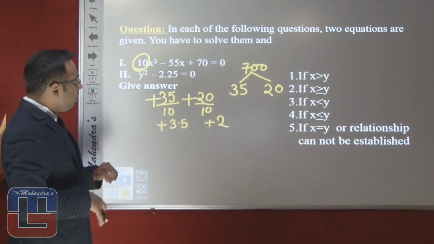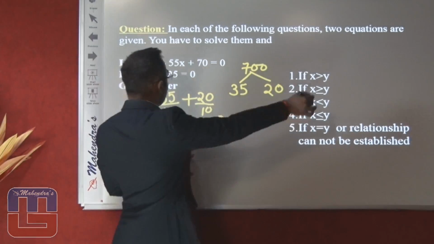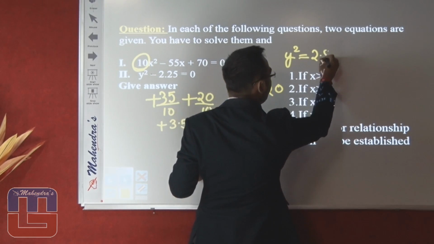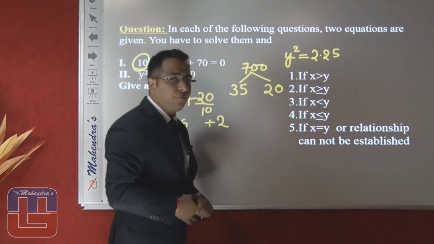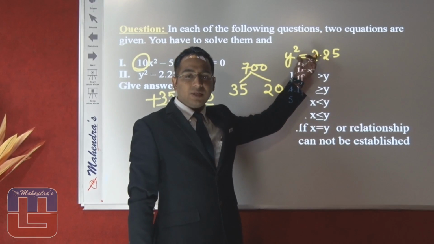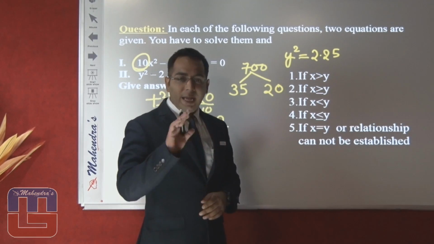Fine. Now y square minus 2.25, that gives us y square equal to 2.25. Whenever we have a term with even indices, that means the power is in even form, we have two roots, plus and minus.